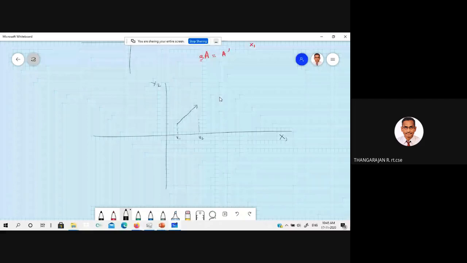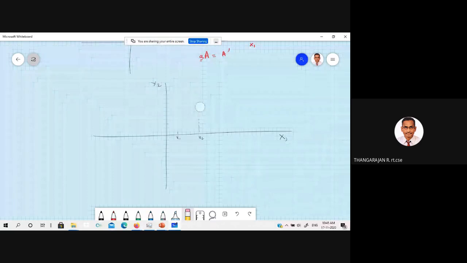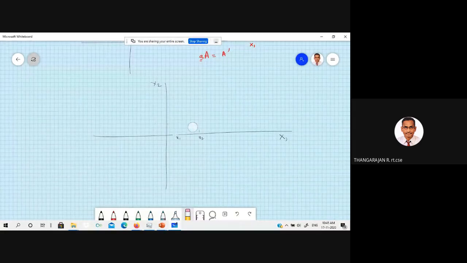Now, what is this vector? For the time being, so as not to confuse you, we'll take the vector from the origin.